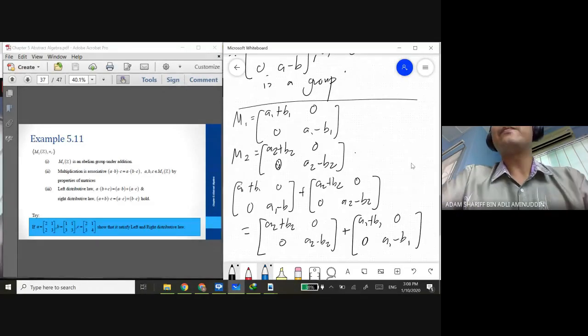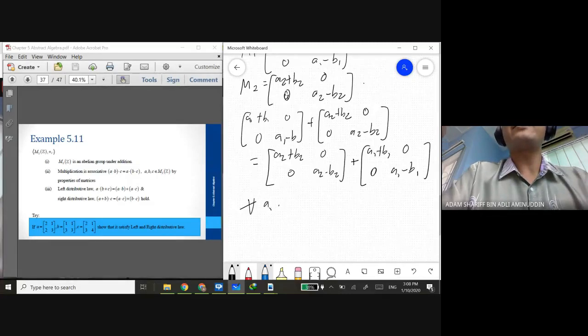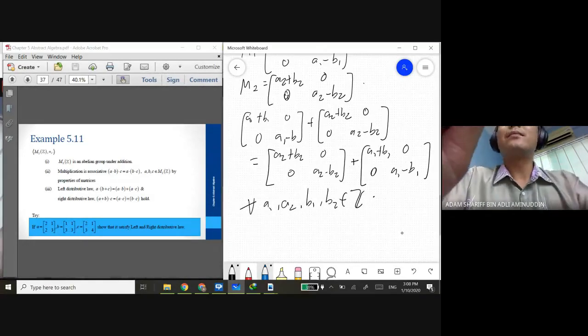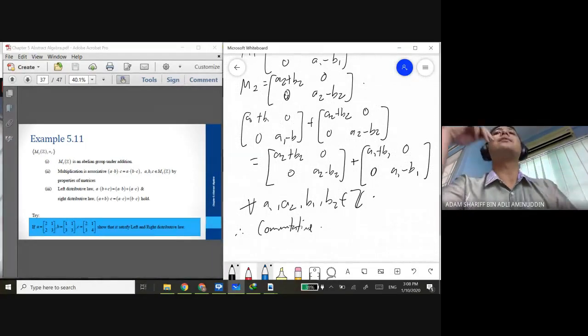And this thing is true for every A1, A2, B1, B2. Commutative. It's like the answer like the associative just now.